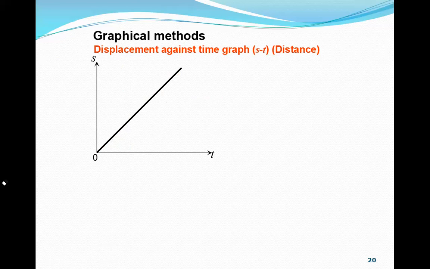It's uniform speed, because in the distance time graph the gradient shows the speed. If the gradient is constant, it means the body moves with a uniform velocity.